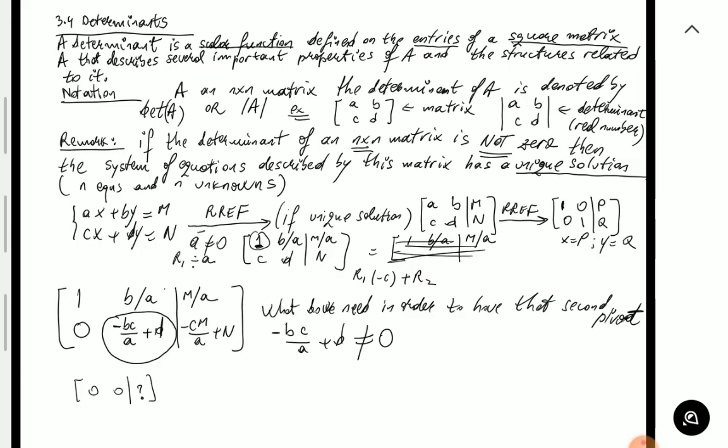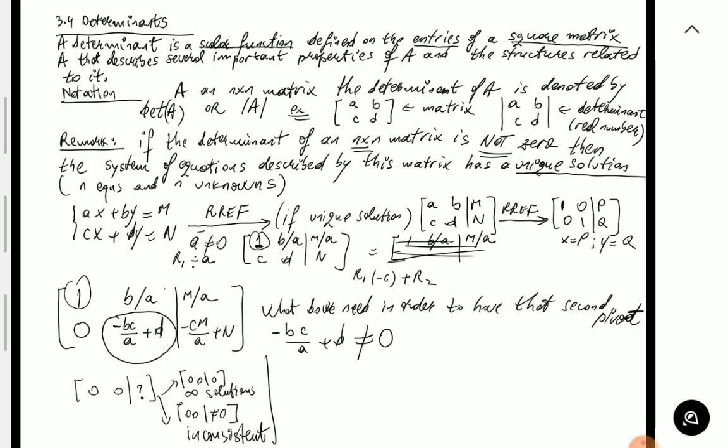So from this point on, there would be two possibilities. Either you're going to have 0, 0, 0, and that gives you infinitely many solutions because you don't have a second pivot, so you just solve for the first pivot, x, in terms of y. Y is arbitrary, so that gives you infinitely many solutions. Or you end up with 0, 0, and a non-zero entry on the right-hand side, which means the system is inconsistent.